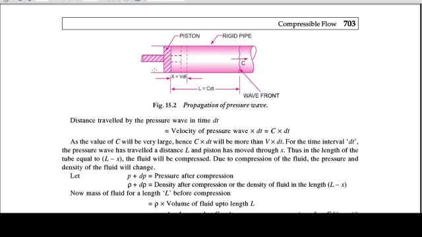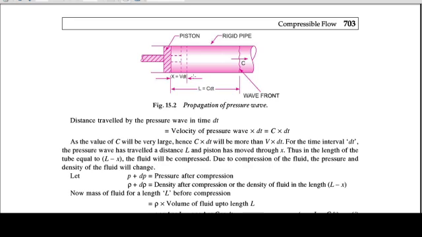Due to this displacement, disturbances are created in the fluid, in the form of pressure waves which travel in the fluid with the velocity of the sound wave. In the figure you can see the piston moved from here to here, covering the distance x in the time dt.